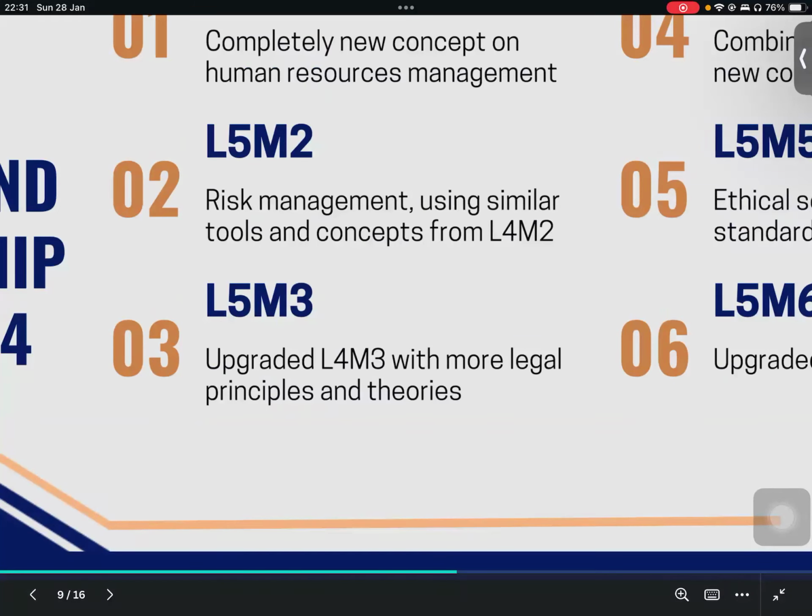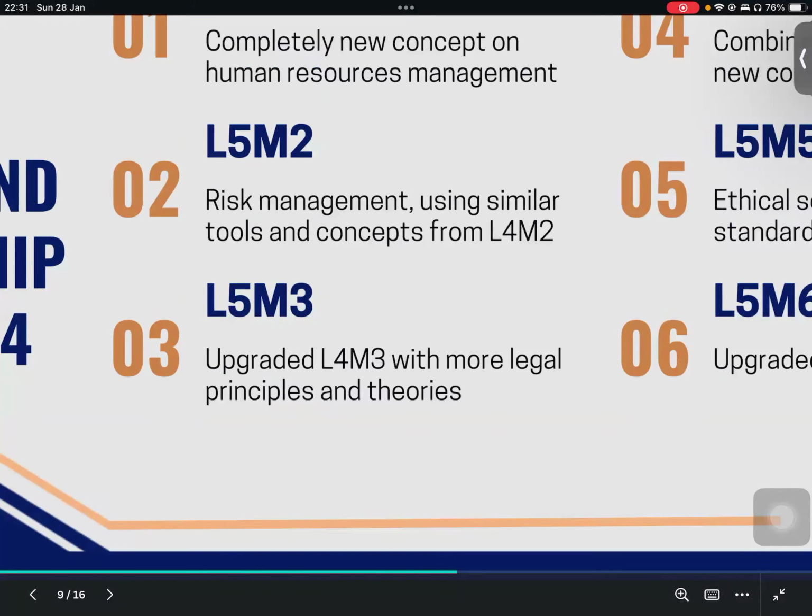Basically, all along the book they repeatedly mention ABC analysis, quadrant matrix, supply positioning, all the things that you already know in level 4. That's why L5M6 will have a very high pass rate.